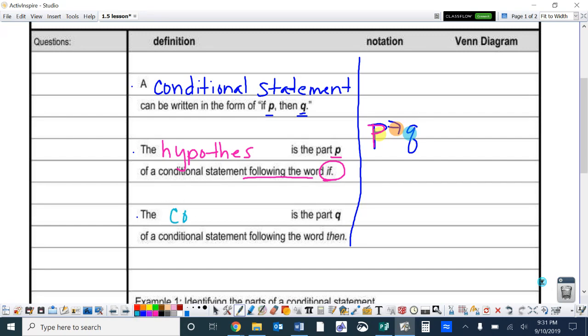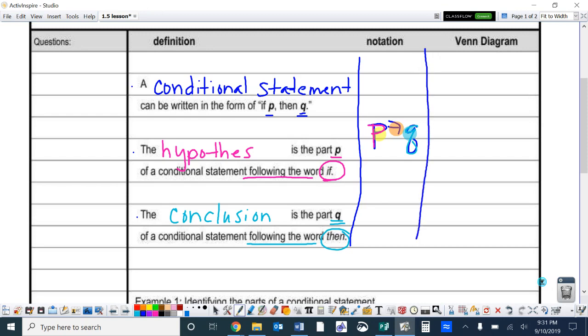The conclusion is the part Q of a conditional statement following the word then. So we're going to get in the habit of circling the word then, because the word then is not part of the conclusion, and we will double underline our conclusion.